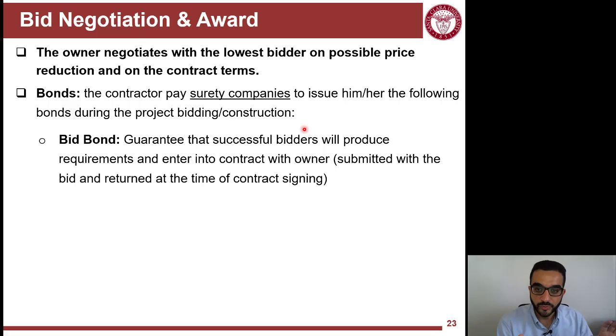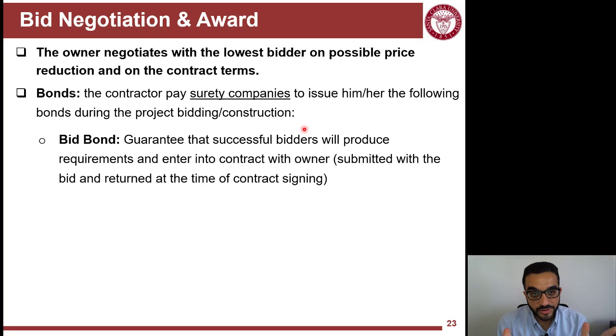So the surety company here will guarantee to the owner that if your lowest bidder doesn't do the work or does not proceed with the contract, I will cover 5% of that. So it will recover some of the additional expenses of going with the second lowest bidder instead of going with the first lowest bidder.